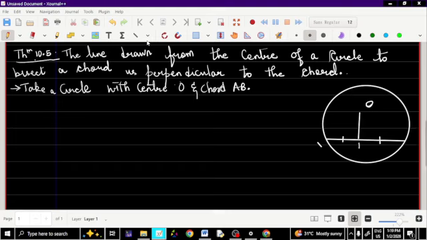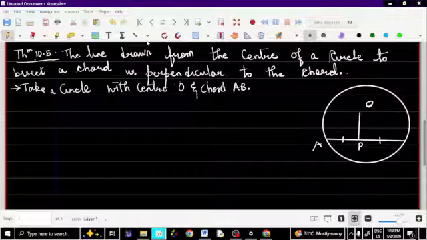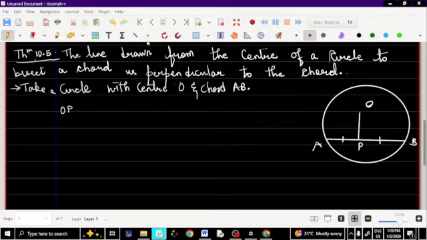And OP is drawn here to join AB. So AB is this chord, and we know that OP bisects AB. This is given. What is the meaning of this? AP is equal to BP is given to you, and you have to prove that this is a right angle.